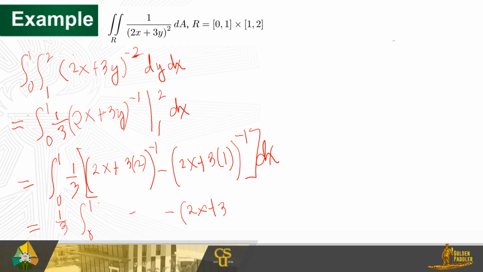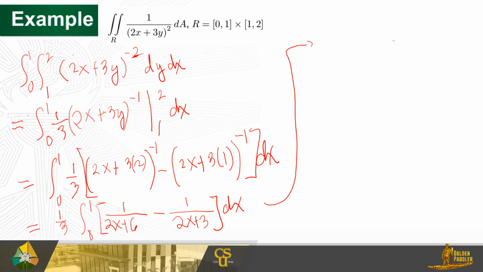Para hindi tayo masyado malito later. So we have 1 over 2x plus 6 minus 1 over 2x plus 3 dx. So yung integral natin is with respect to x na. Okay?